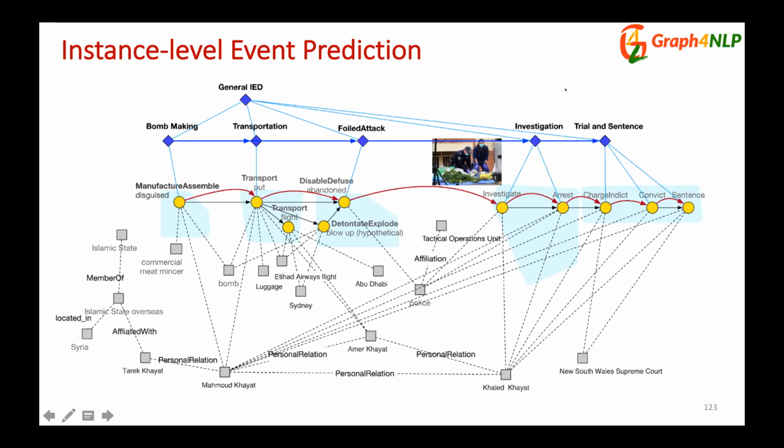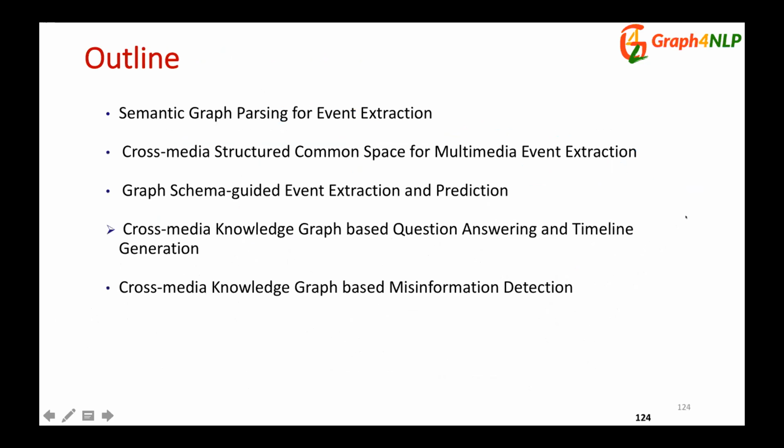For example, if we don't have a charge and a sentence event in the input article, we can then predict the whole chapter, and we can also propagate this entity because this person has been involved as a target for investigation. So we know this person is likely to be the entity that should be charged, convicted, and sentenced. You can see that's really opening up some new directions once we have the graph structure.